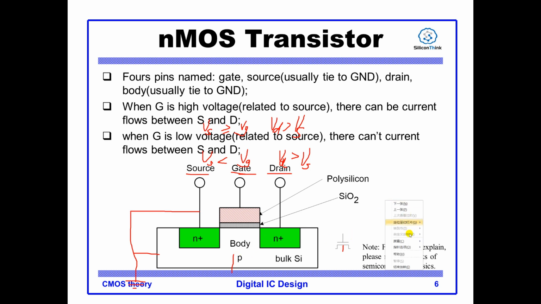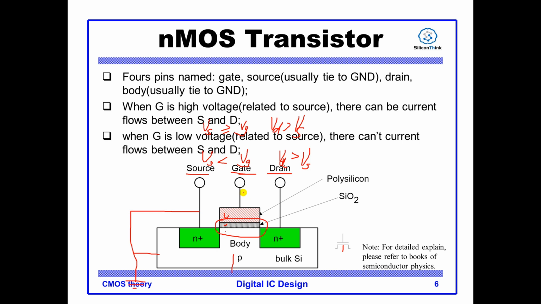Here I will try to give you a simple explanation. The key point is there. The gate polysilicon, the gate oxide, and the body, these three form a capacitor at this point.